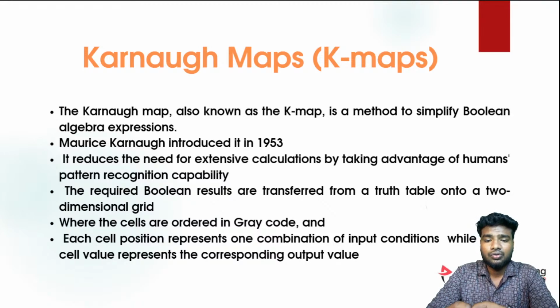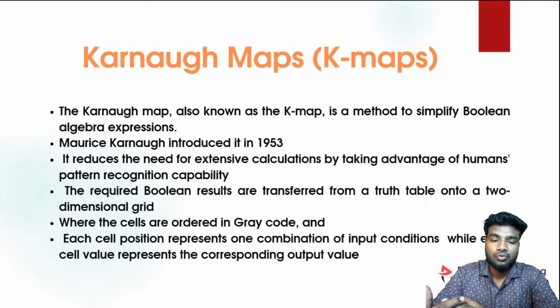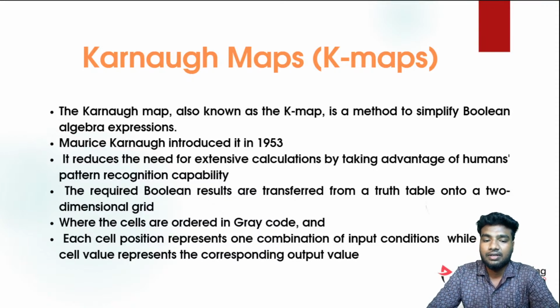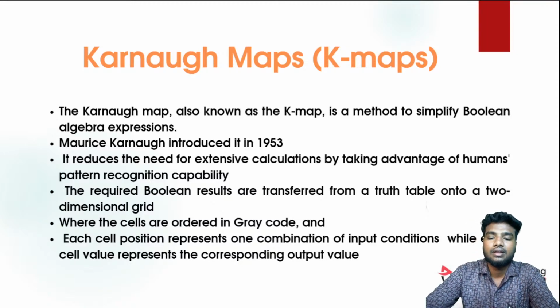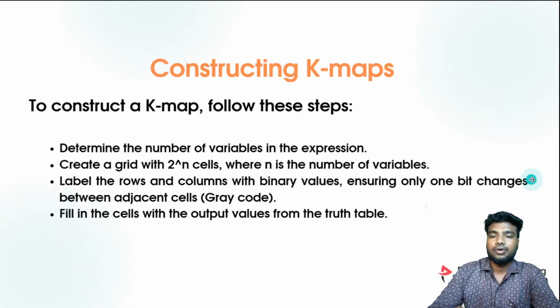It reduced the need for extensive calculation by taking advantage of human pattern recognition capability, and the required Boolean results are transferred from the truth table onto the two-dimensional grid. This is the main thing. Grid means a 2D table like that. We'll see how it works.